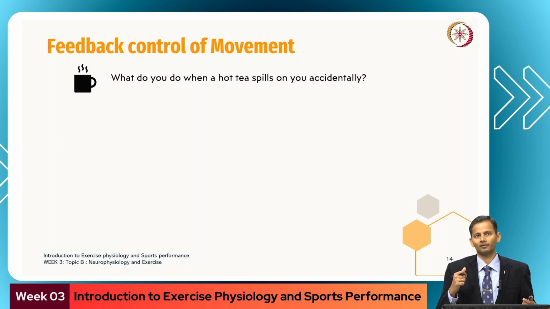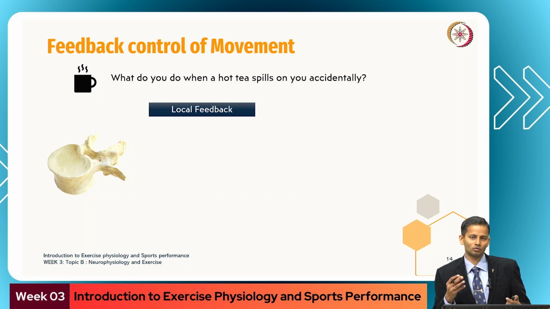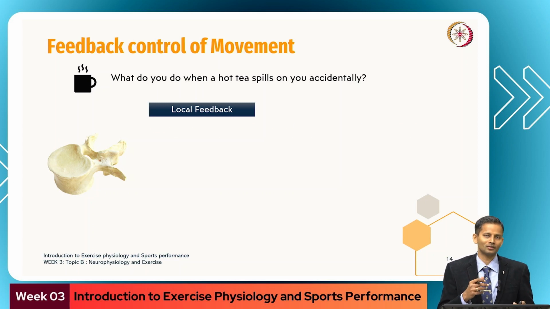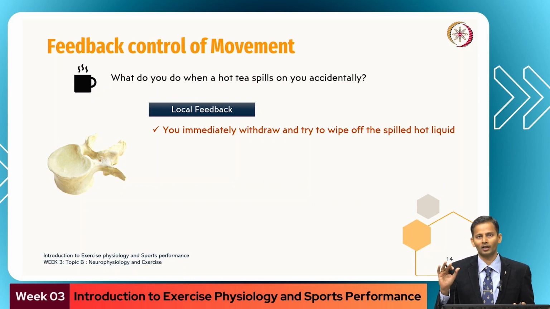So let's take an example. What do you do when hot tea spills on you accidentally? Immediately, you respond through a local feedback. That's a reflex feedback where you immediately withdraw from the hot liquid and try to wipe it off your hand, right?